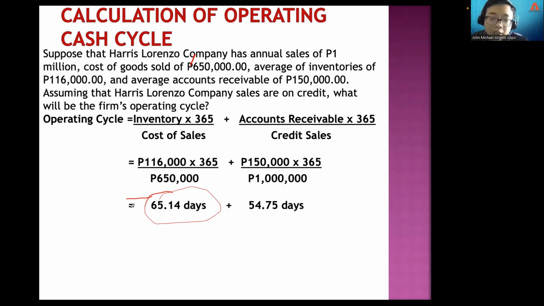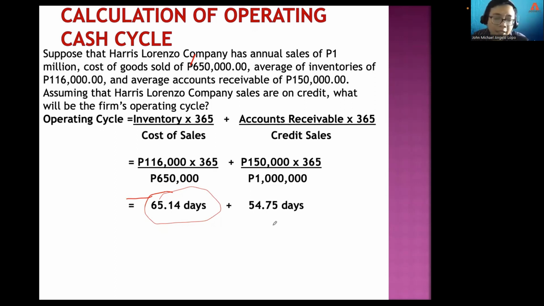So, kung San Miguel Beer ka, sa amin dati 30 days lang kami. Kung 65.14 days yan, ay pangit na yan. Meaning, wala nang manginginom. Diba? Minsan nga, 15 days lang eh. Malakas ang beer. Okay. So, meaning, depende yan. Pero kung ikaw ay manufacturing ng car, ng mga high value, 65.14 ay maganda na yan. Again, it would depend on the company.